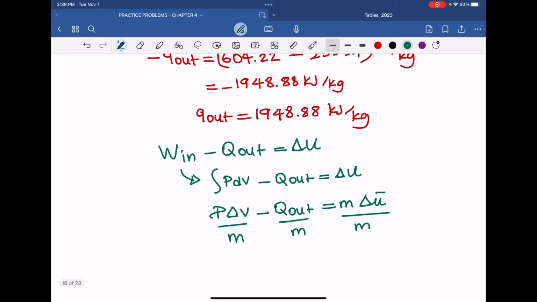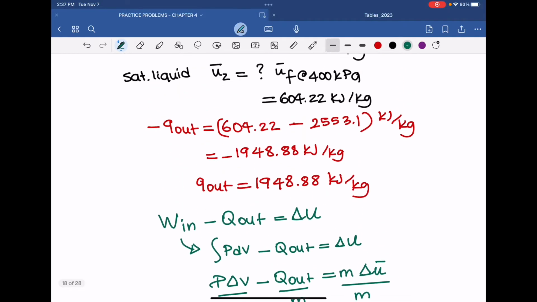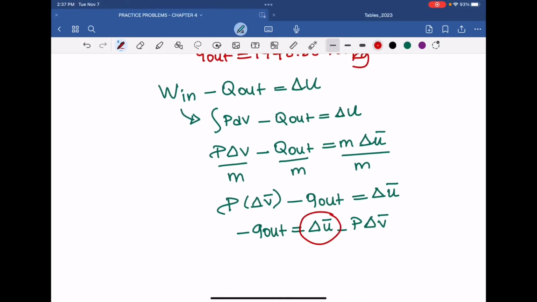So this will give us P delta v specific. And so we already found this part. This is similar to what we have done, and the pressure is constant 400 because there is a phase change, and pressure and temperature should stay the same.